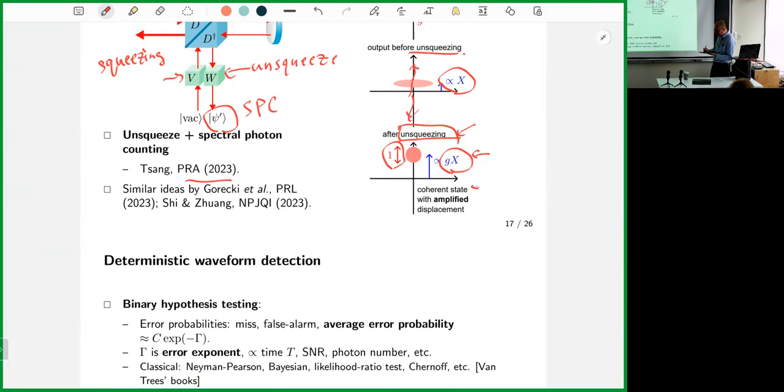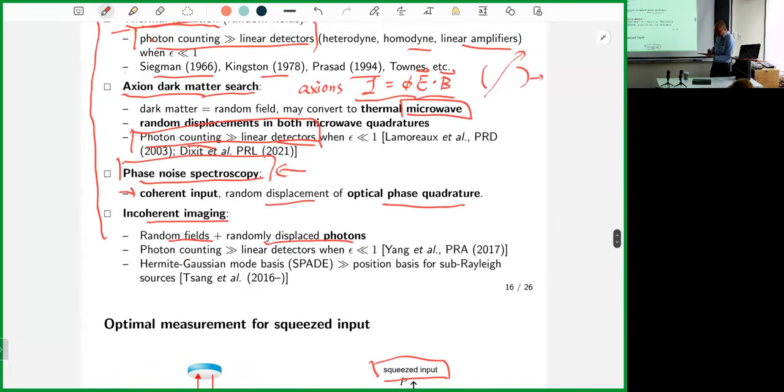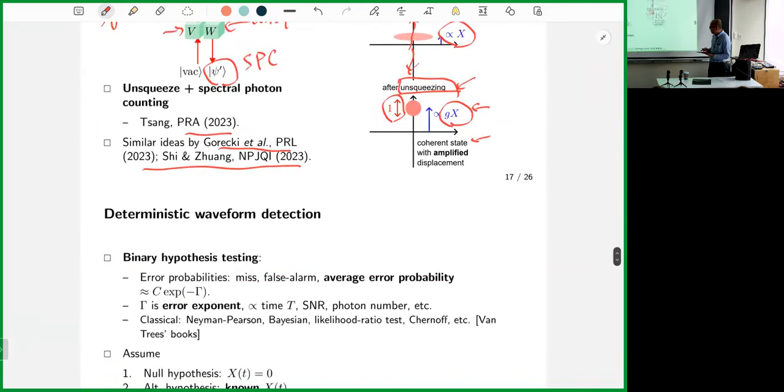But now you're dealing with a coherent state at the output, so you can do spectral photon counting. Anyway, there are some recent similar ideas by other groups. So now you can perhaps go back to all these examples and think about whether you can use squeezed light to improve your dark matter search, for example, and what would be the optimal measurements. So that's an exciting field.